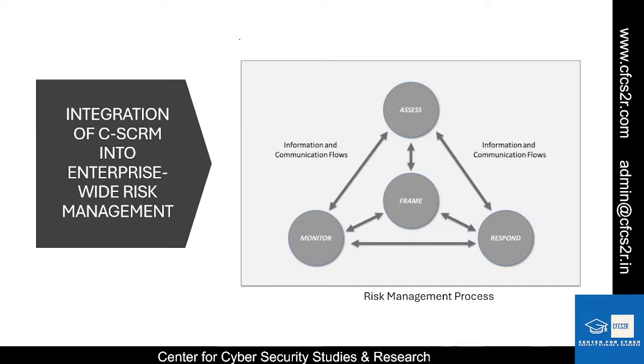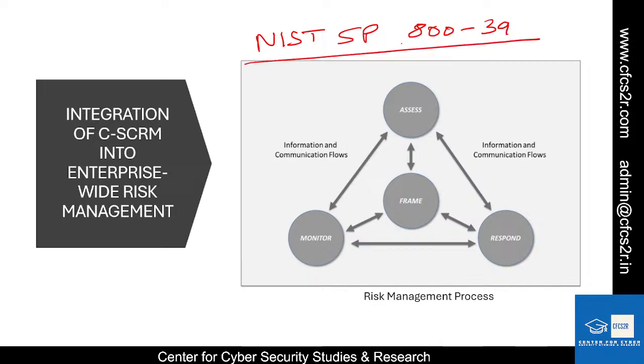I'm just writing it here also: NIST Special Publication Series 800 Volume 39. This is the version, and it is focusing on enterprise-wide risk management. You can read this particular framework. The picture in front of you is basically part of NIST SP 800-39.